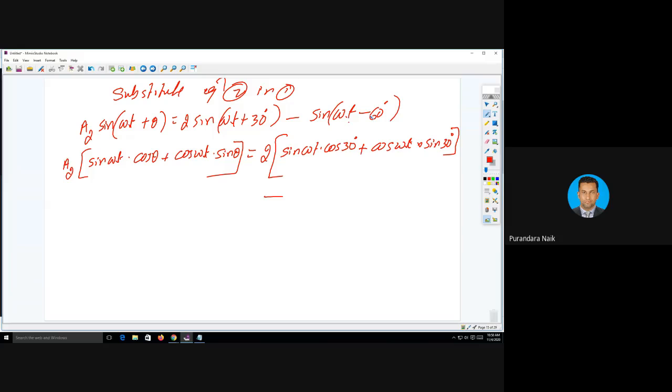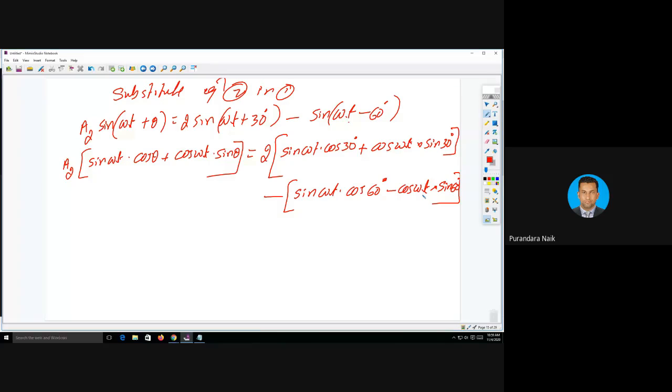Sin(a minus b), what is the answer? Sin a cos b minus cos a sin b. Correct? Sin(a minus b) is equal to sin a cos b minus cos a sin b.